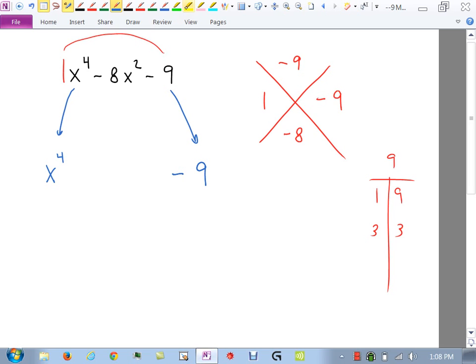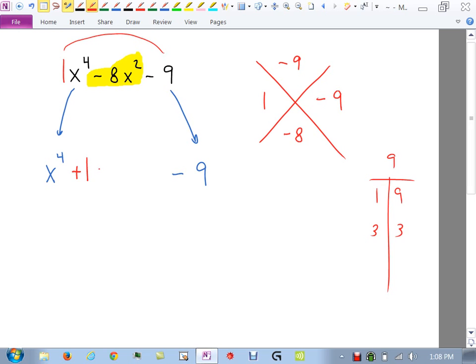Now the middle, I need to create a -8x squared, don't I? I need to create -8x squared using the numbers 1 and -9. So what could I do to create -8x squared from 1 and 9? I could do plus 1 what, though?